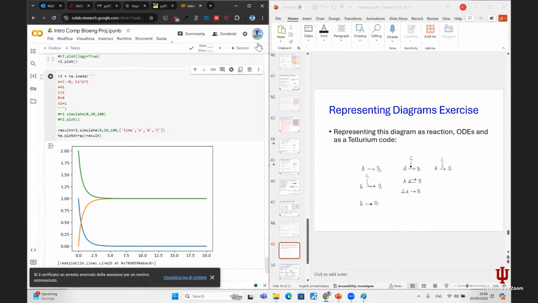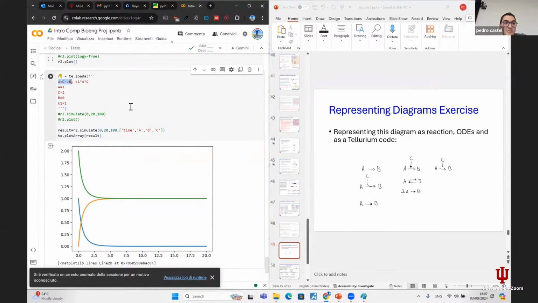Oh yeah, right. So I basically thought that we also need to define the condition of A and C in a new line, like minus K1 AC. So that's why I was getting different answers. Oh, okay, interesting. Here it is a one-way reaction, so it assumes everything by itself.